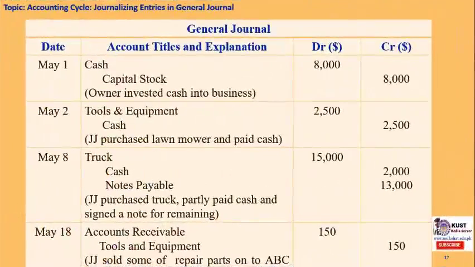Let me give you a complete snapshot of all the transactions we have done. So this is our final snapshot of the journal. At the top we have to mention the journal, because this is a chronological record of all the economic transactions.